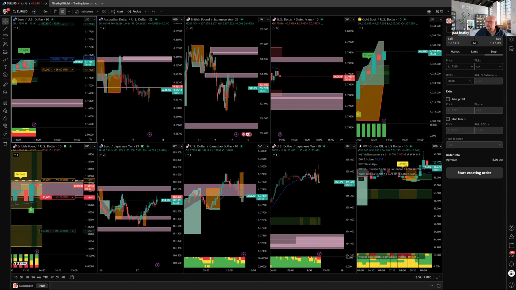Just going to keep an eye on this Bitcoin. Oh, I don't think you're going to get a signal. Bugger. We'll see. 30 seconds left. Okay, the stop's been taken out for GBP US dollar.